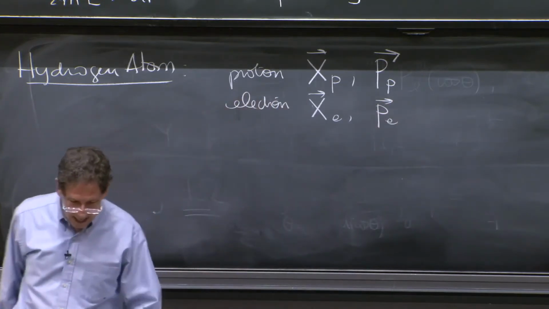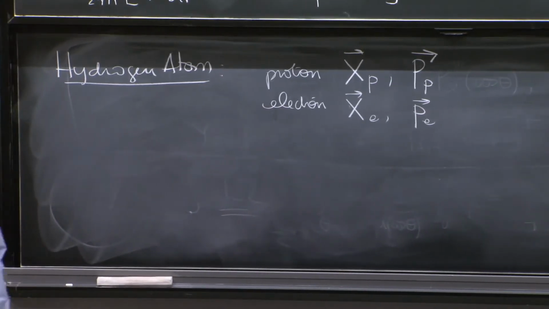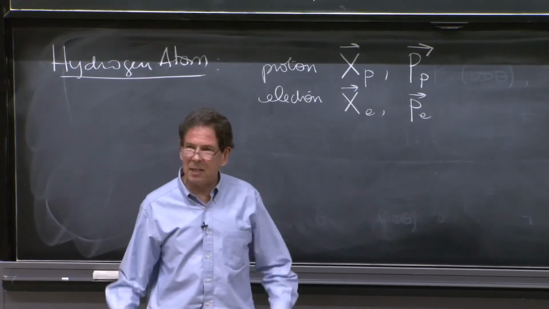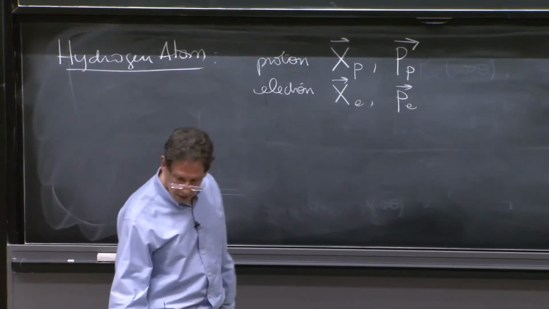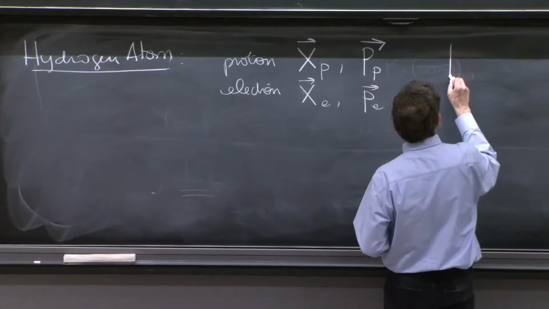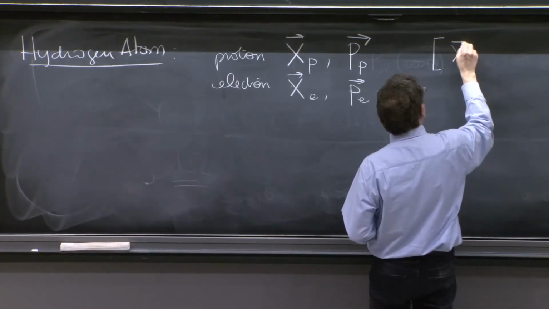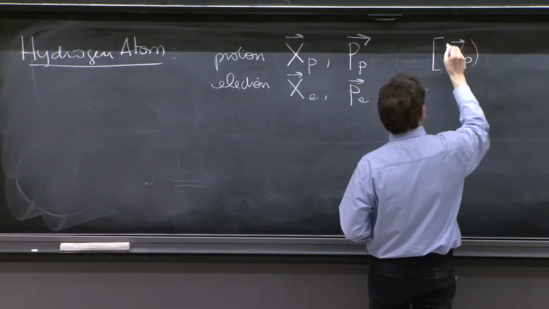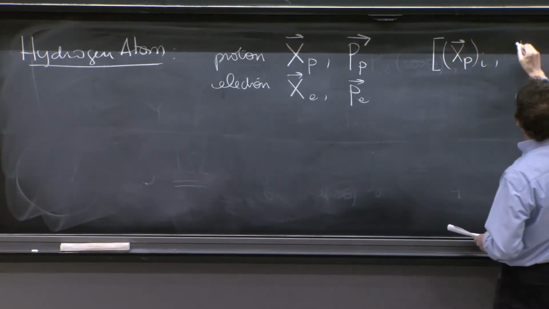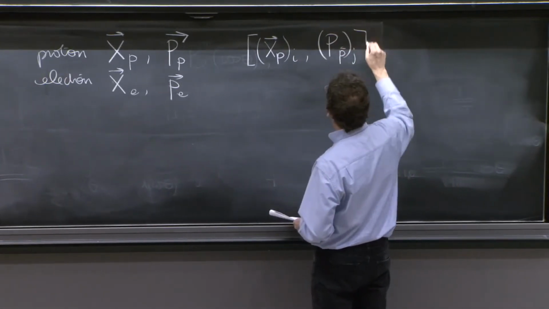And these are your canonical variables. This means that the components of this object satisfy the standard commutation relations. That is, I have to write it like the following. Consider the coordinates of the proton, the ith component, and the momentum of the proton, the jth component.